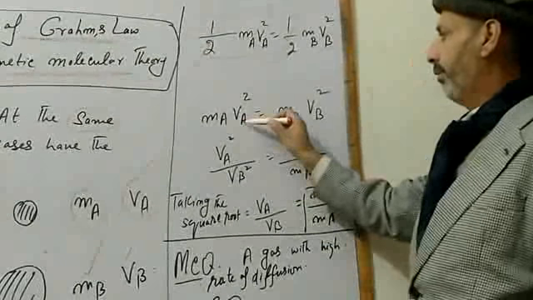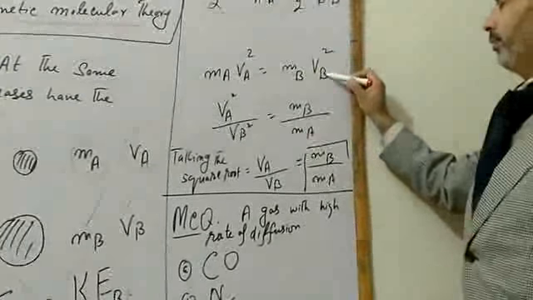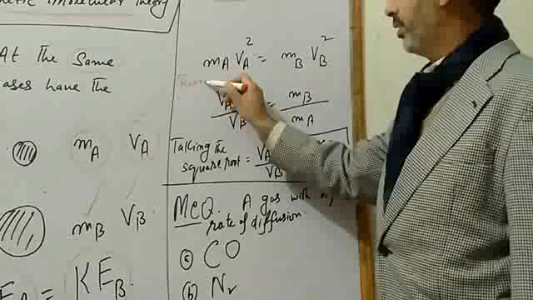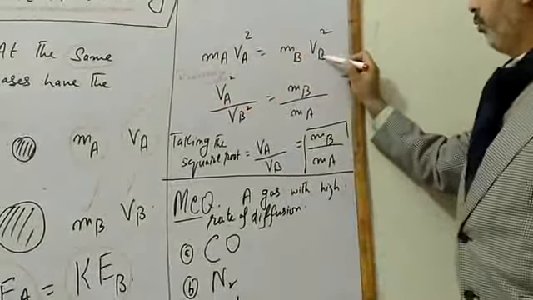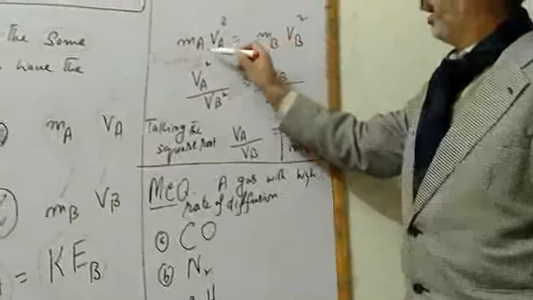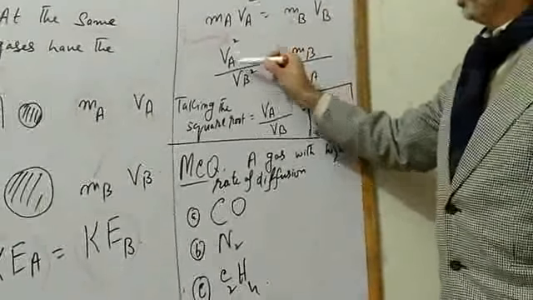You will get ma va squared is equal to mb vb squared. Rearrange this equation, it's too simple. How is it rearranged? vb is shifted here, ma is shifted here. So you will get this equation.